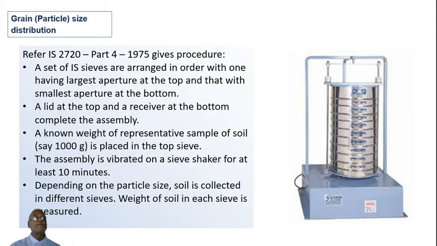Okay. Now, how exactly is the grain size distribution analysis done? The methodology is mentioned in IS 2720 part 4, 1975, which gives the whole procedure. Here a set of IS sieves are arranged in order, with the one having the largest aperture at the top and the smallest at the bottom.